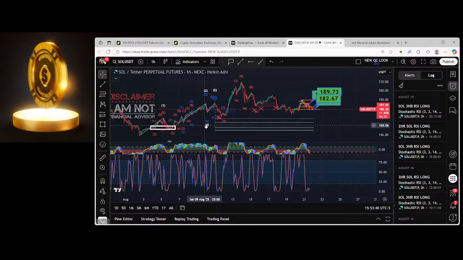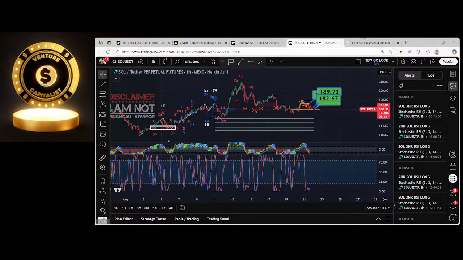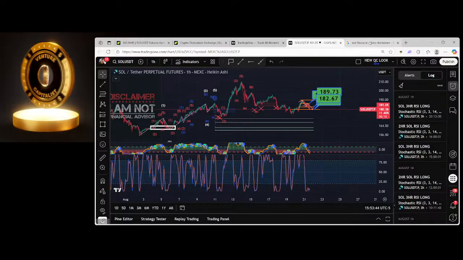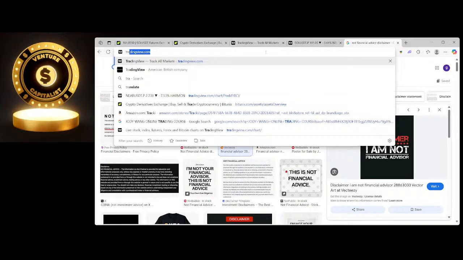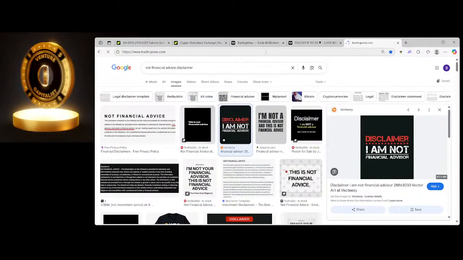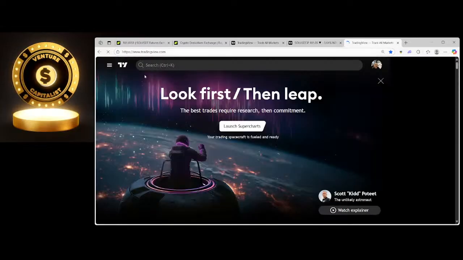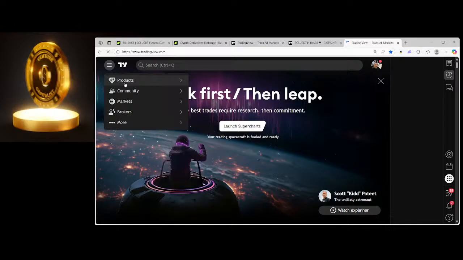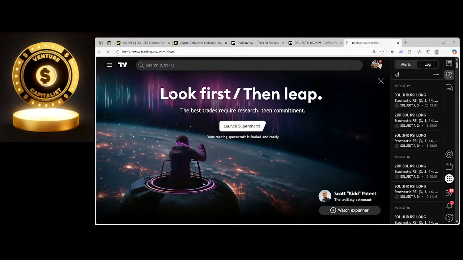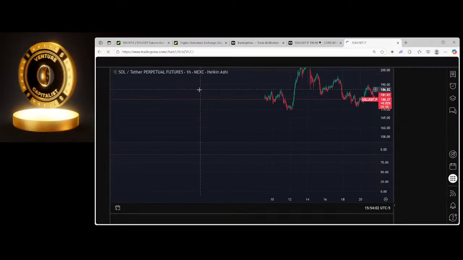So we know that setting up a trade, and let me pull up another TradingView here so that we can get to another chart and show you some of the setups and things that are important.